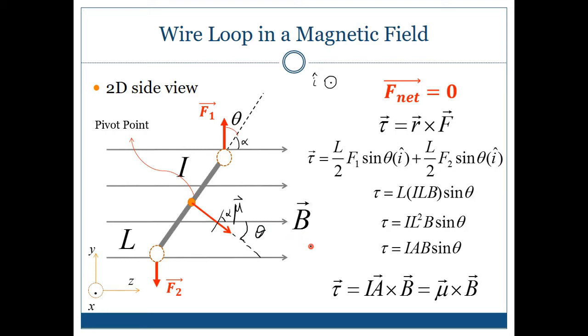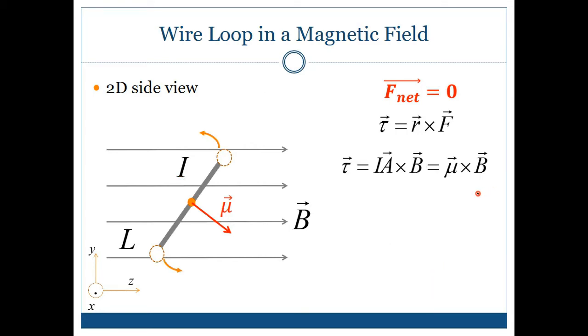So this formula is just like the cross product of mu and B. So torque equals mu cross B. Torque acting on a loop with a dipole moment mu is mu cross B. And this torque will rotate this loop in a counterclockwise direction since the torque is along this x-axis.